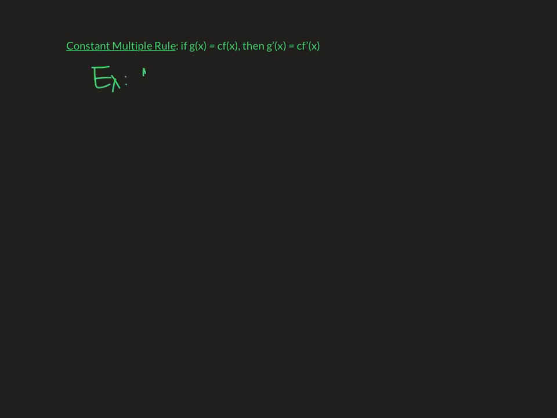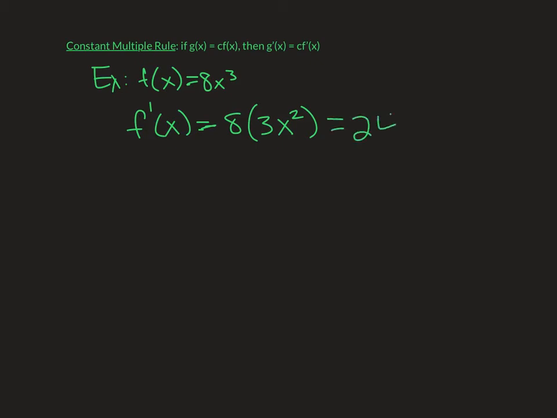If you have f of x is equal to 8x cubed, f prime of x is going to be 8 times 3 x to the second. Remember, you pull that 3 up front and then you subtract 1 from the 3 to get an exponent of 2. Your final answer for that one is just 24x squared.